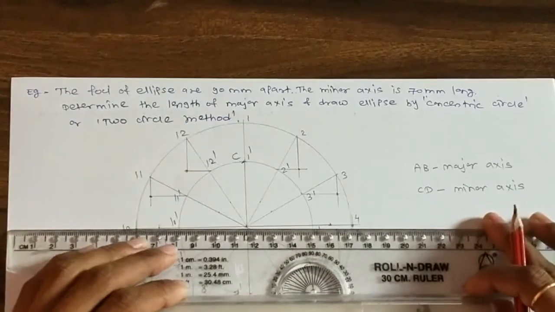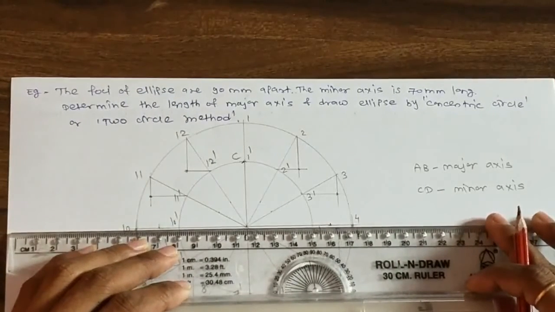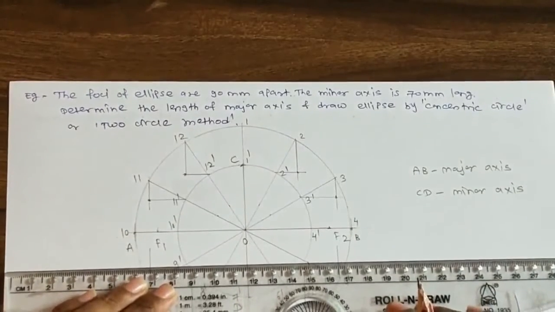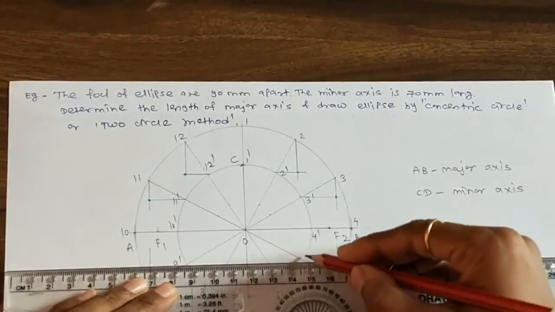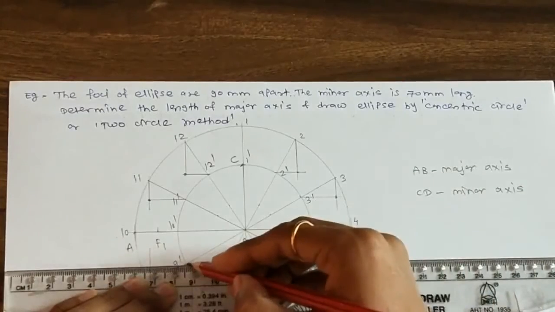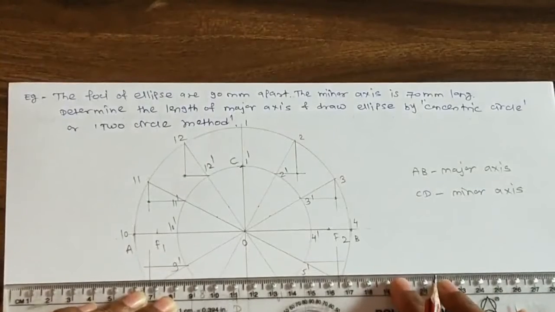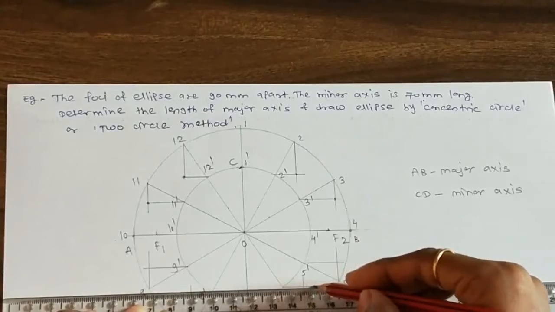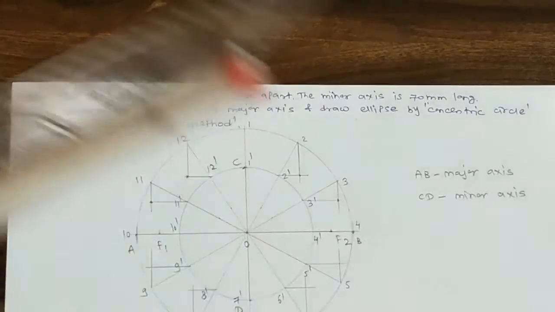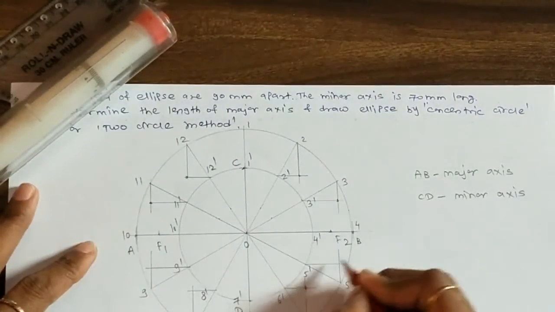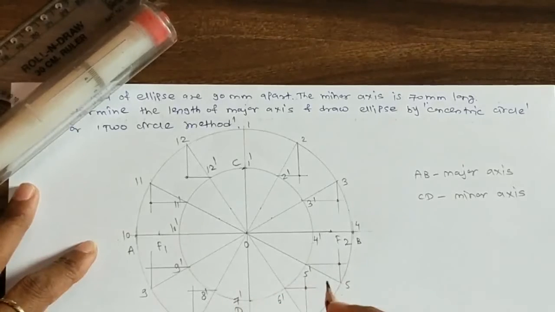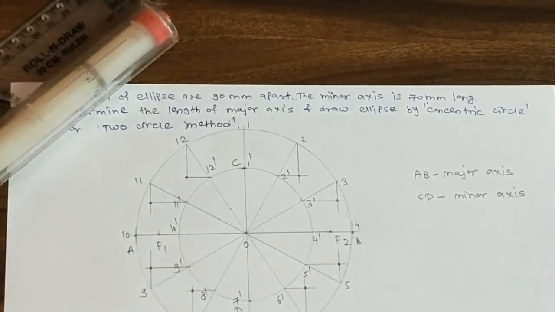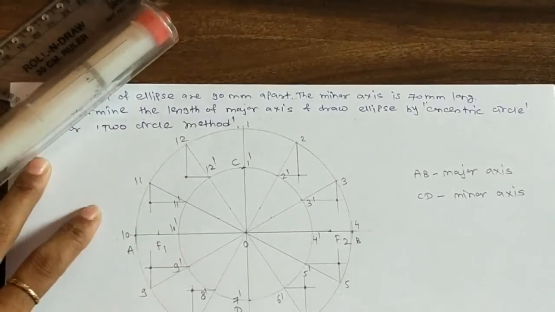Then draw a horizontal line parallel to the major axis from points 5 dash, 9 dash and from 6 dash and 8 dash. So we have got 4 points. Now we have got all the points.